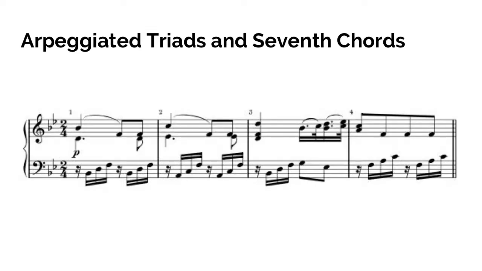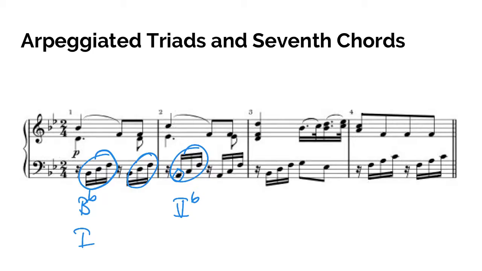So if you see here in the bass clef, it's arpeggiating B flat there. Okay, so this is a B flat chord, or a 1 chord. Okay, see here it's arpeggiating an F chord, but it's in first inversion. Okay, so we have a 5-6.